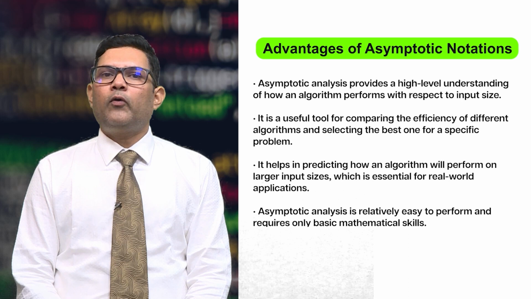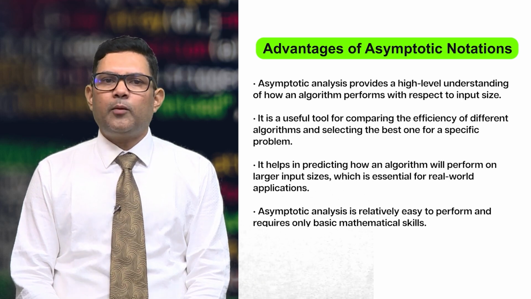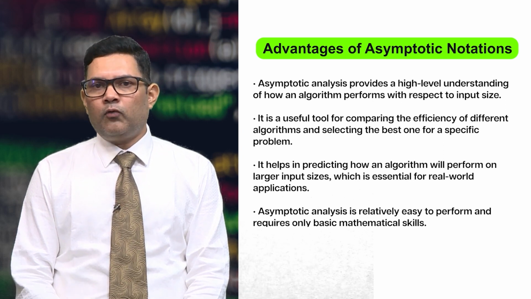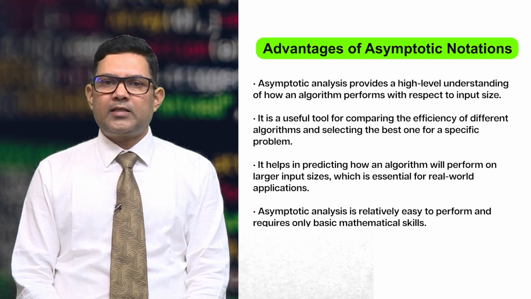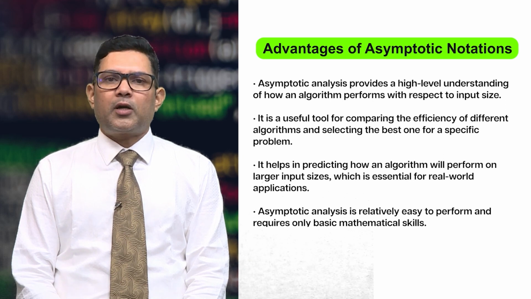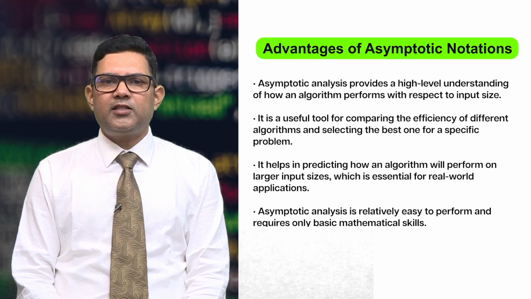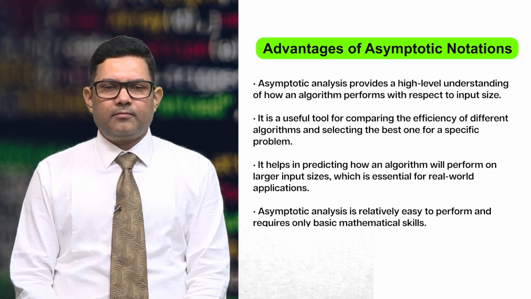So whenever we represent a function with asymptotic notation, we don't require advanced mathematical skills, because growth rate wise they are equal. We can say that they belong to a particular class. Mathematically they are not equal, and no special mathematical skill is required to perform asymptotic notation analysis.